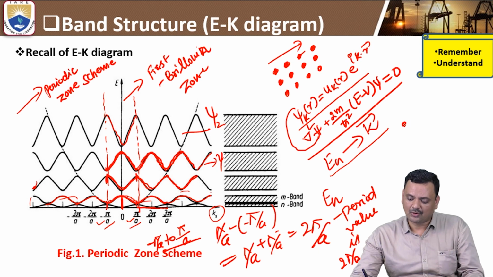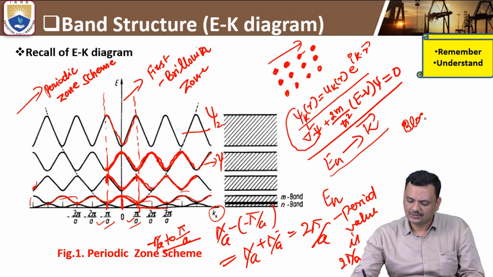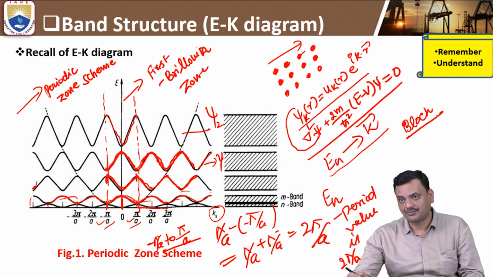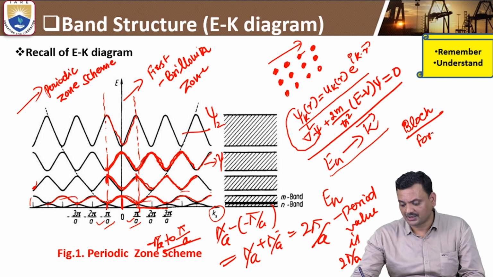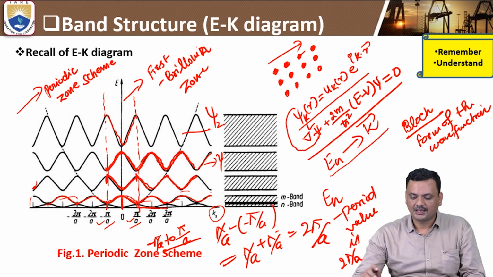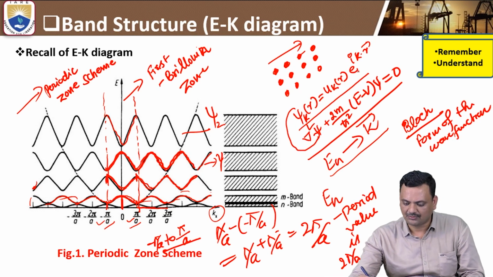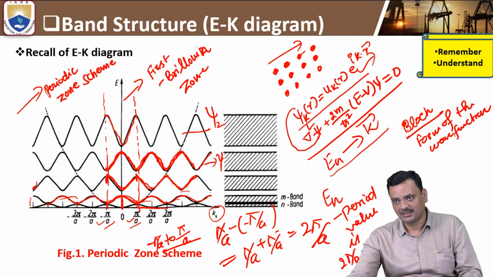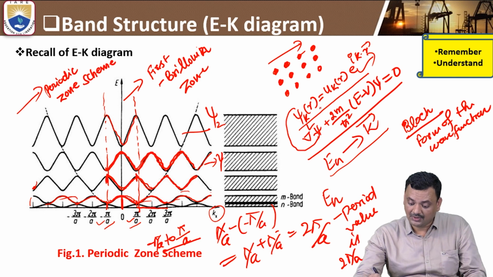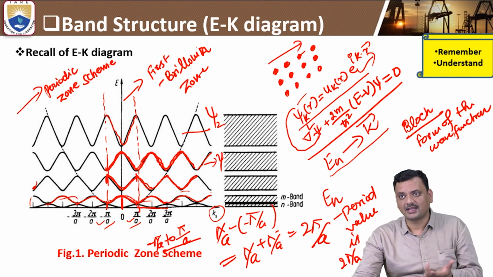Who gave the assumption? Bloch tried to give the form of the wave function inside the crystal structure. What did he suggest? The wave function of any moving particle or electron will be like that. Means psi k of r is equal to u k of r e to the power i k dot r.